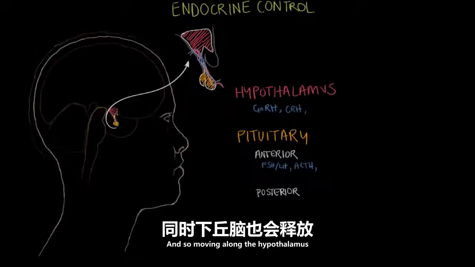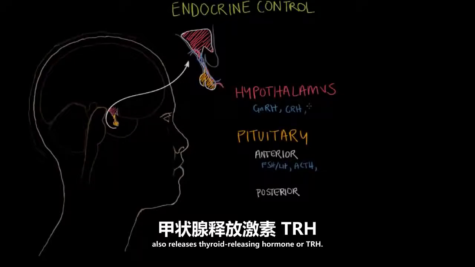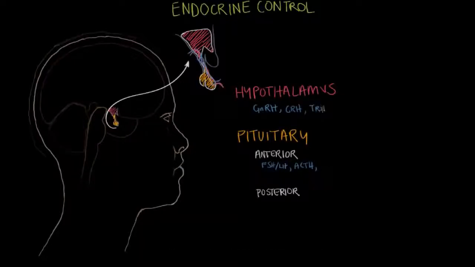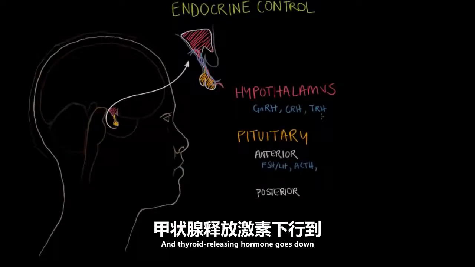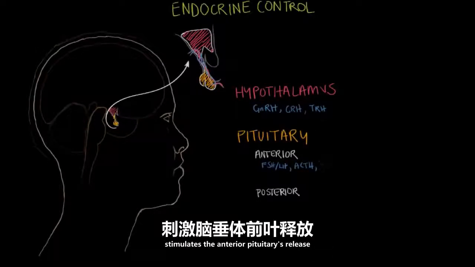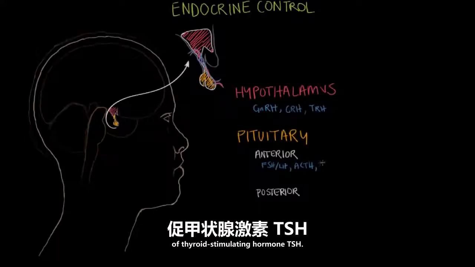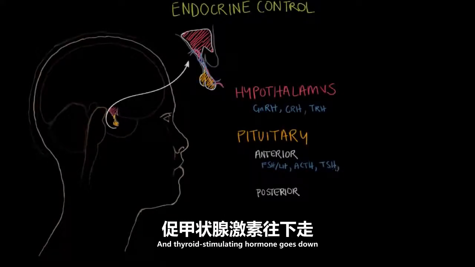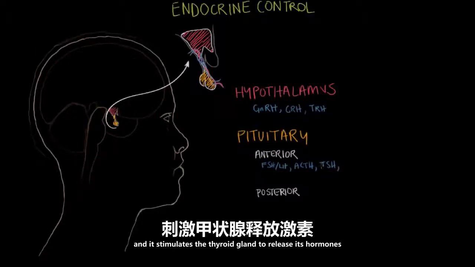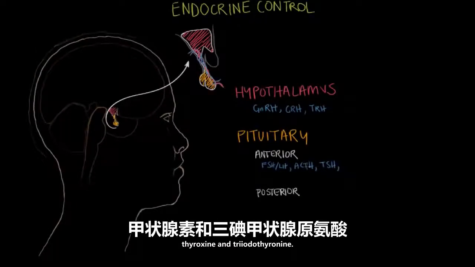Moving along, the hypothalamus also releases thyroid-releasing hormone, or TRH. Thyroid-releasing hormone goes down to the anterior pituitary, and it stimulates the release of thyroid-stimulating hormone, TSH. Thyroid-stimulating hormone goes down and stimulates the thyroid gland to release its hormones, thyroxine and triiodothyronine.